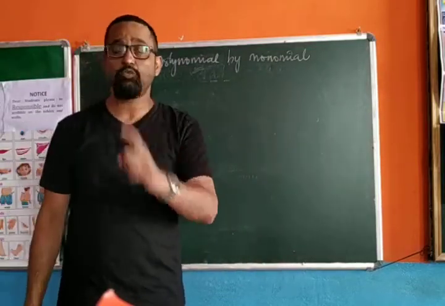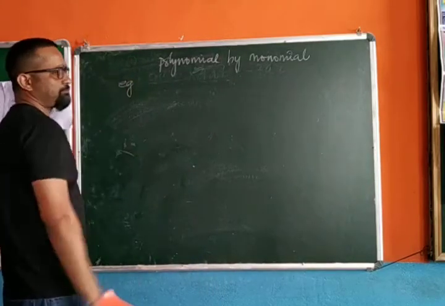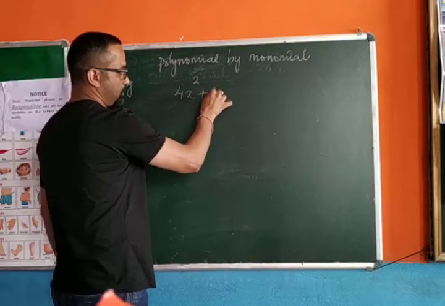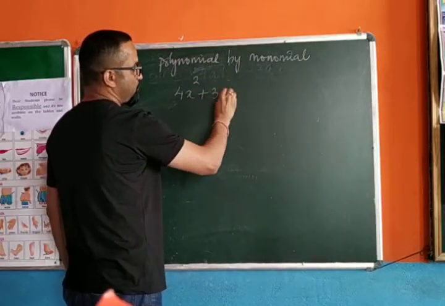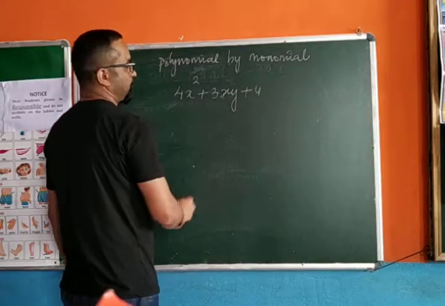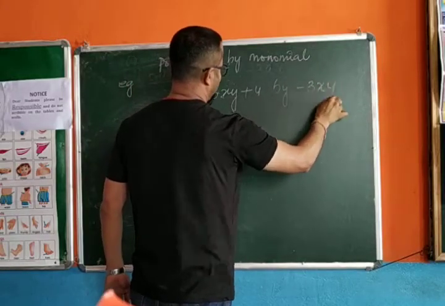Monomial means only one term. Example: 4x squared plus 3xy plus 4 by minus 3xy.